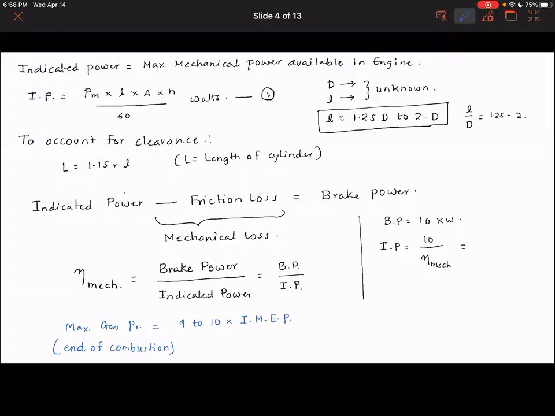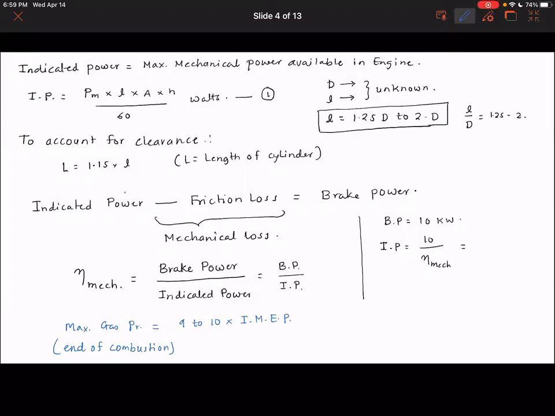So if somebody asks you how you would find out the maximum gas pressure, you would just multiply the indicated mean effective pressure by 10, and that should give you the maximum gas pressure. But keep in mind that this maximum gas pressure is only for a fraction of a millisecond. So that is not the actual pressure that is going to act on the piston and cylinder assembly for the entire duration of the cycle.